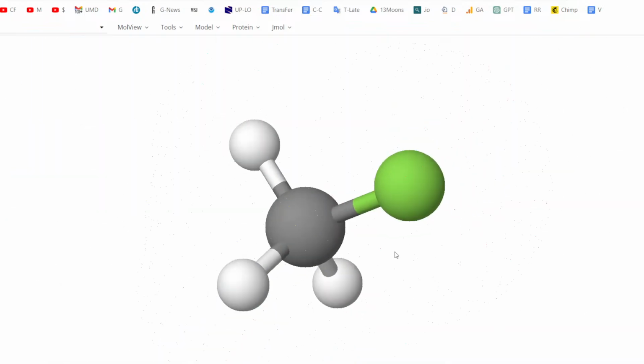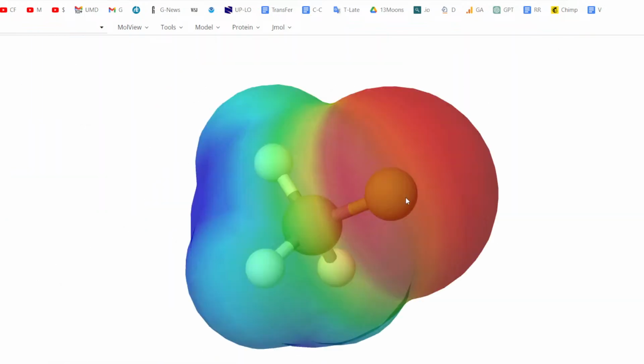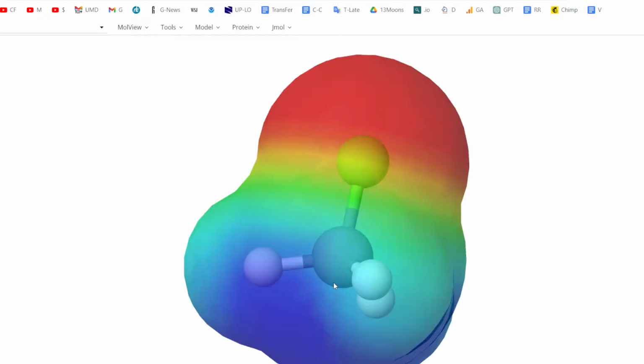If we can shrink it down some. Here we go. See how the top is really red and the bottom is blue? That's because the electrons are more around the fluorine, less around the hydrogens. So definitely CH3F, that's your polar molecule. So you can use something like this to figure that out.